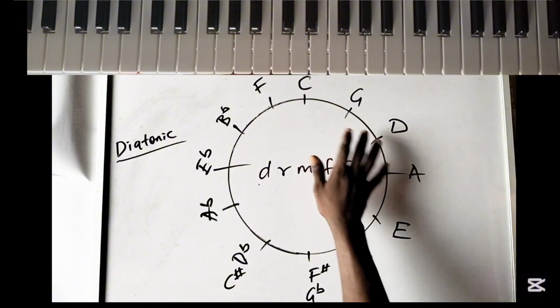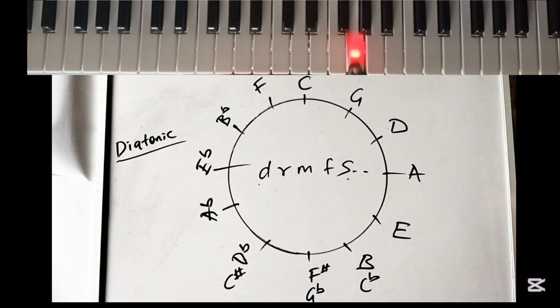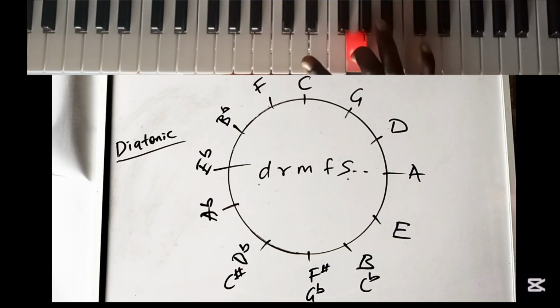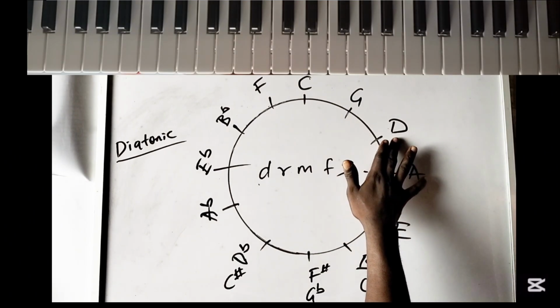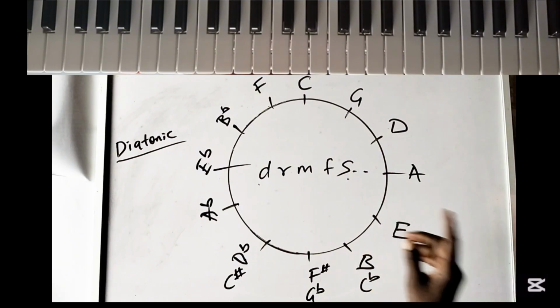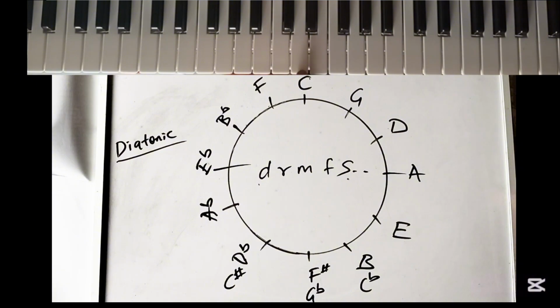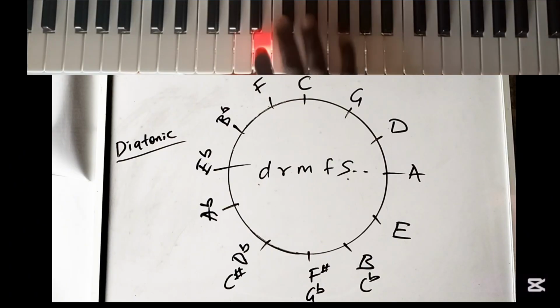Then from G to D, let's check G. We are looking for the fifth note of G, which is so, but going backward, it is now the fourth. Do, ti, la, so. So it is now the fourth. You see that we have gotten D. So from D to A, do, ti, la, so.